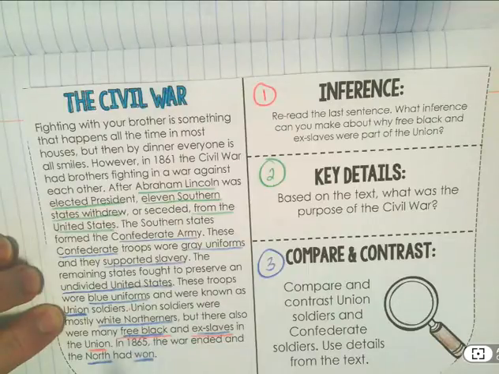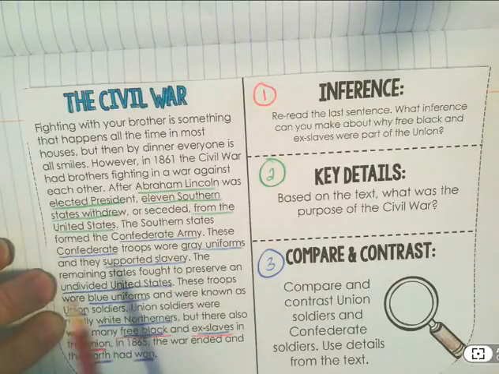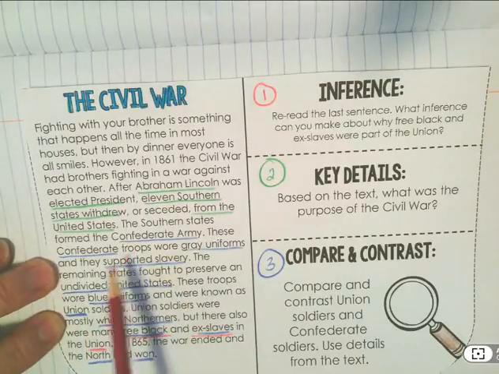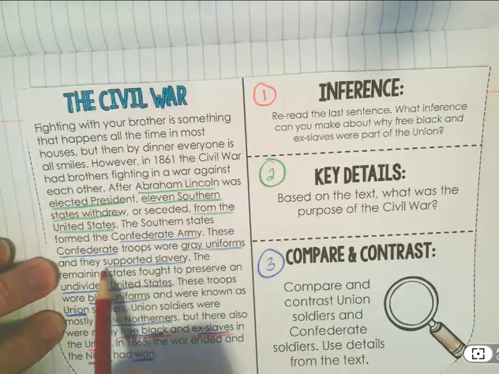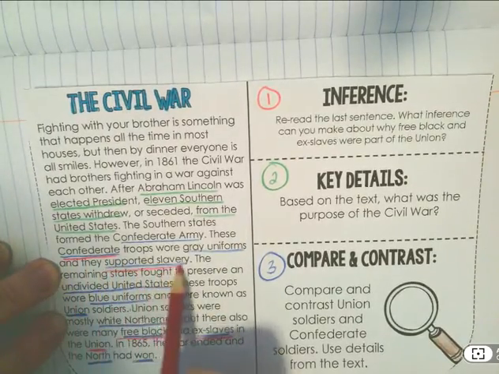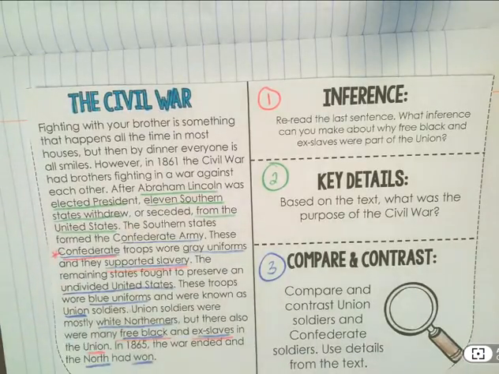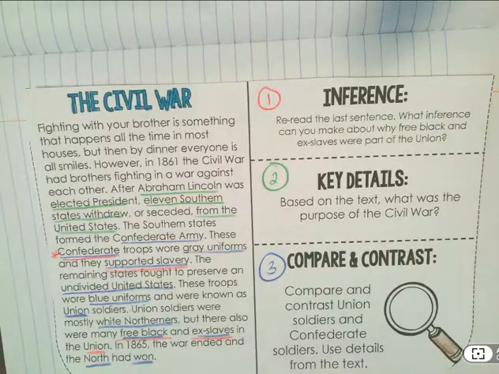So that makes sense that you would have free black and ex-slaves fighting against the Confederate Army that wanted to keep slavery. So the fact that the Confederate troops supported slavery is going to be a helper right there because, of course, ex-slaves and free blacks are going to want to fight against a group that felt like it was okay.